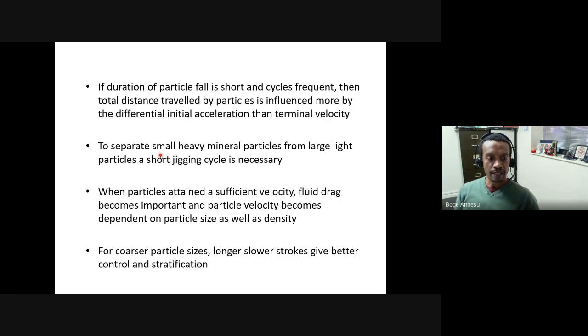And therefore you may have a situation where small, dense particles travel at the same rate as light, large particles. I want to separate small, heavy from light, large, because they have different densities, because they are different minerals. But if I'm not allowing that condition in the separator, they will fall at the same rate and I won't be able to separate them from one another.